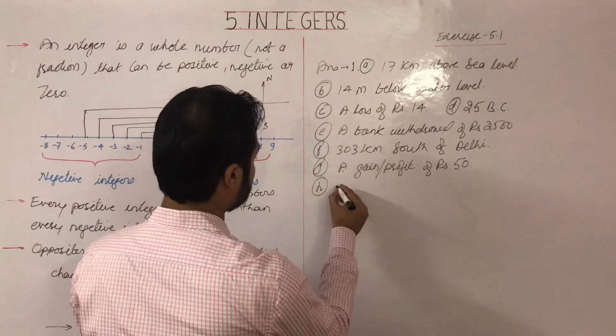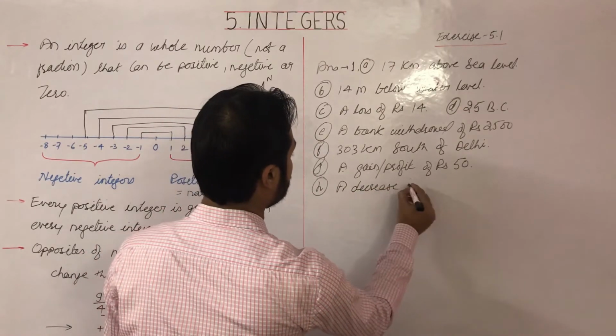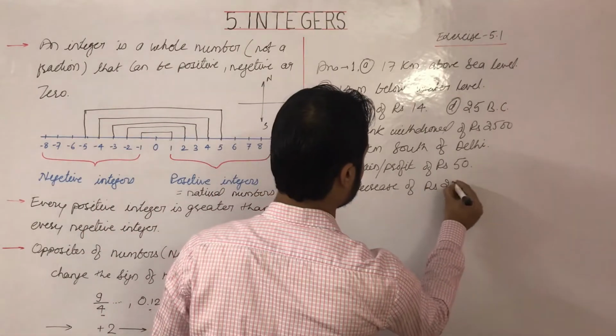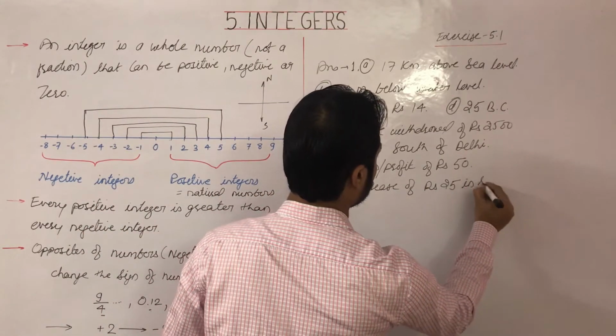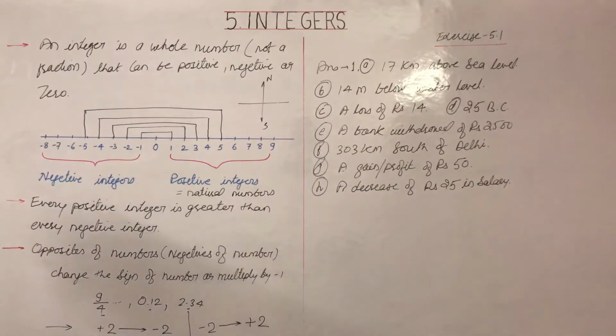So opposite of increase, decrease. A decrease of rupees 25 in salary. So these are all answers, opposites of the given statements.